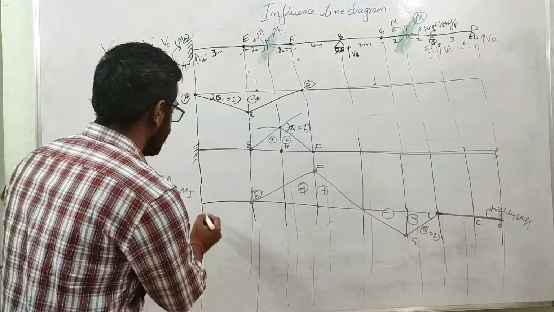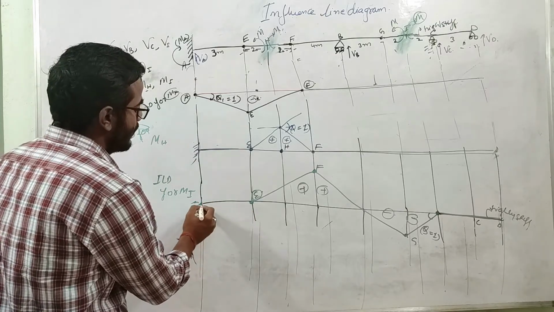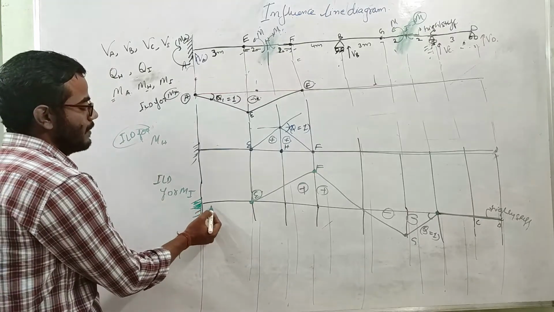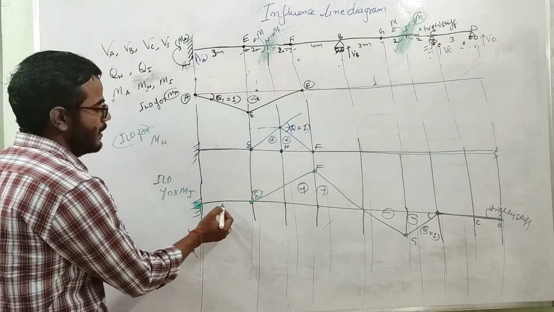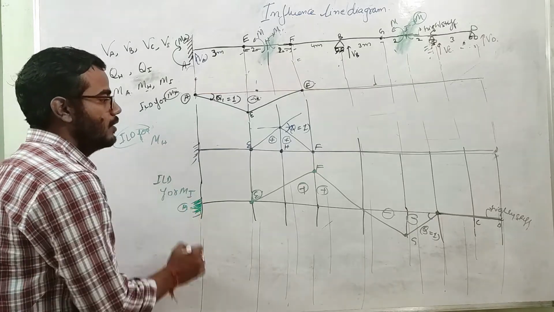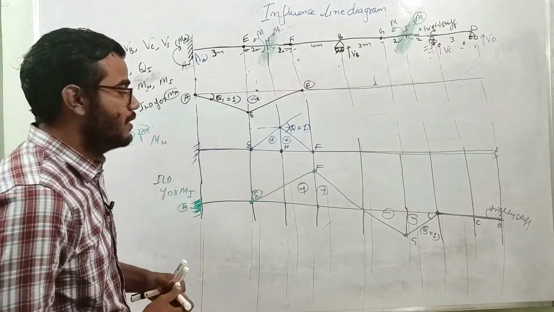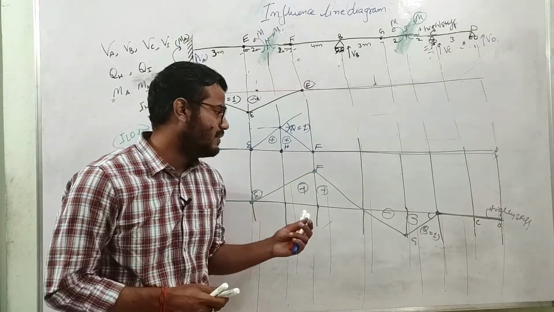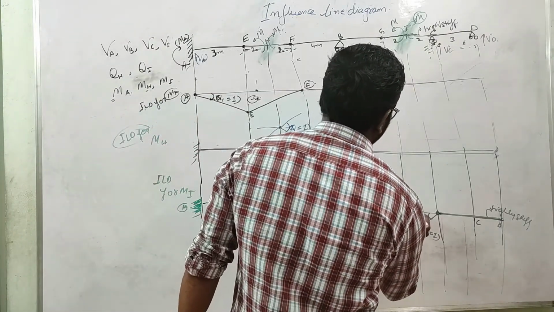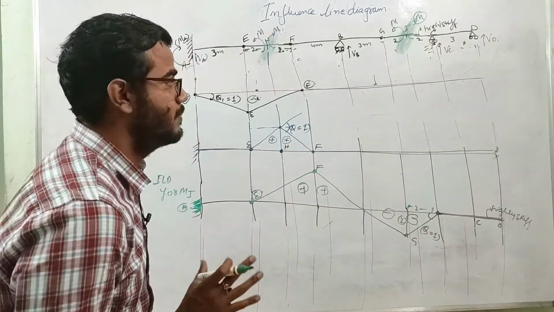The same thing happens over here, because E cannot move up and down, as it is restricted by the support at B. There won't be any rigid body movement because that is restricted by the support at A. So this is the ILD for the bending moment MI. The ordinates you can find easily. This is theta 1, and this is 2 meters, so again this is 2. You can find this ordinate with the help of similar triangles.